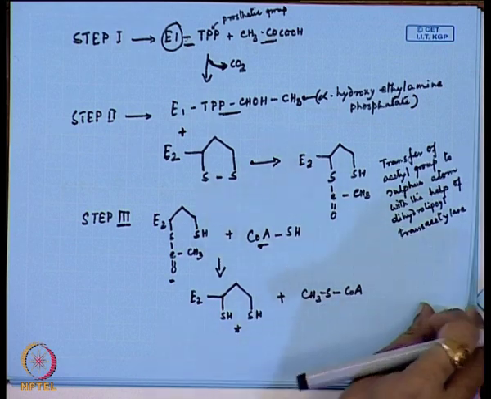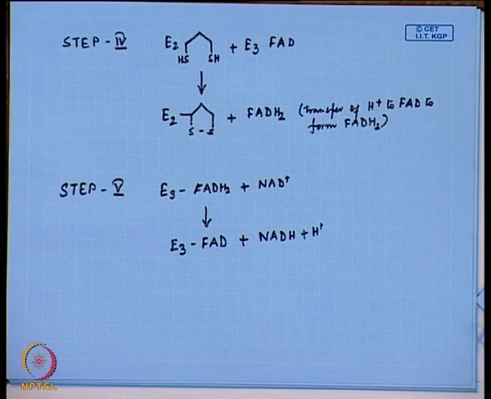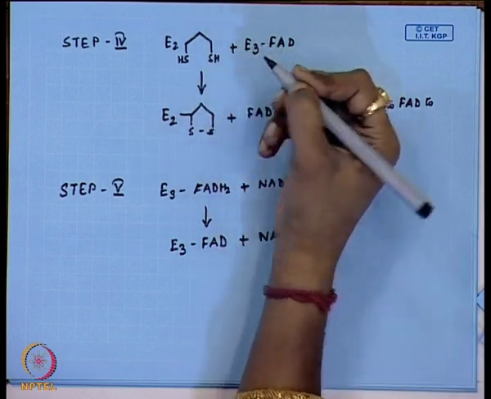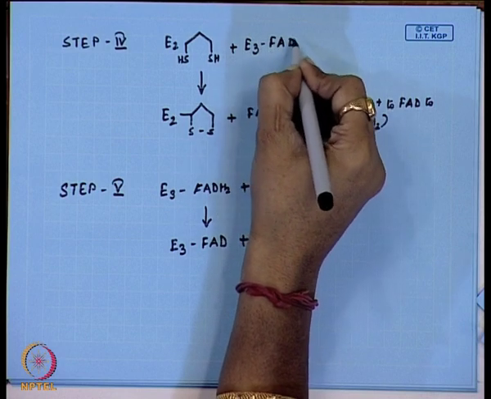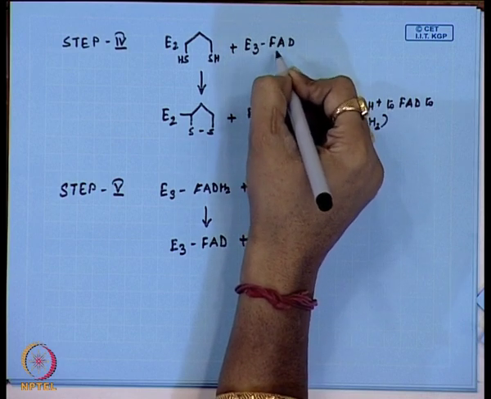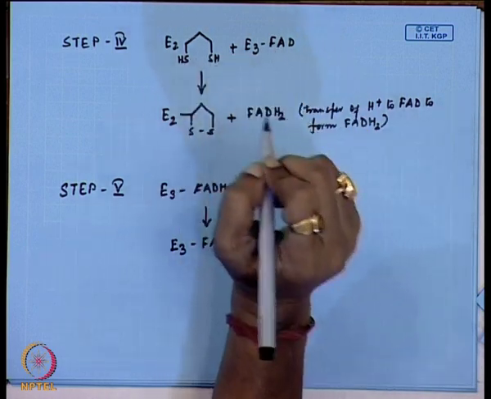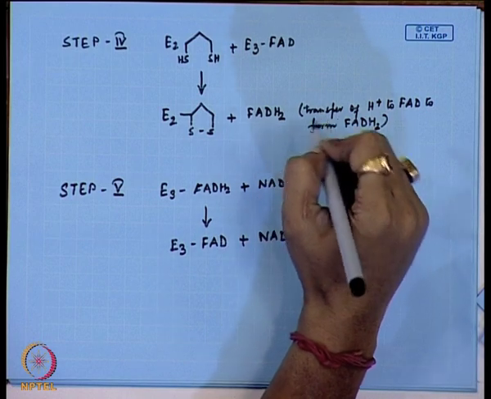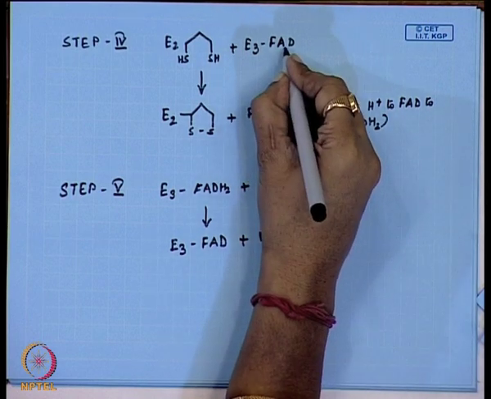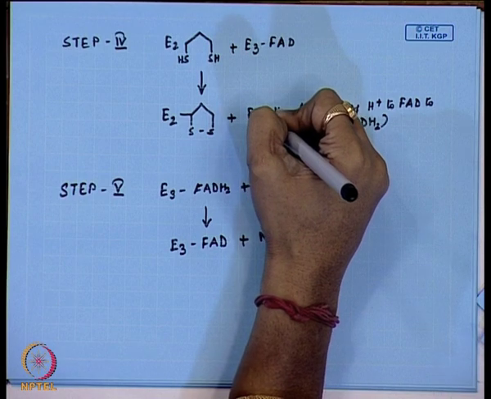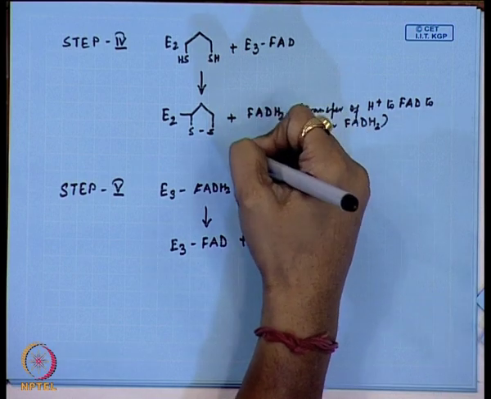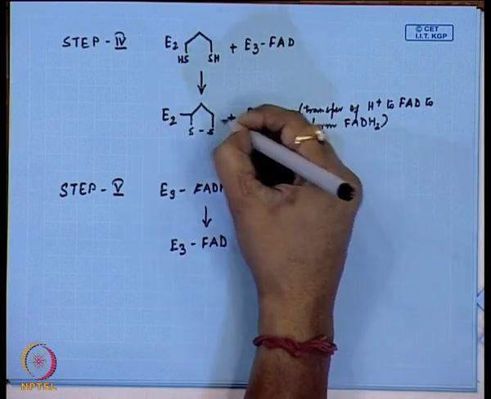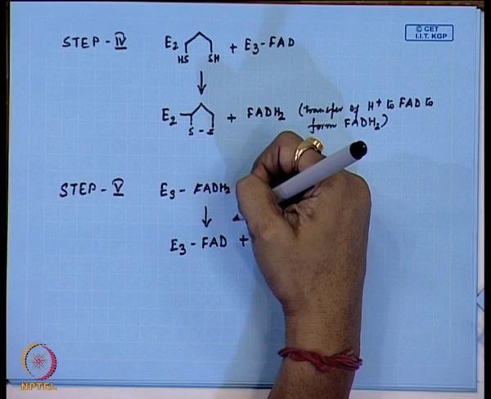When this product is formed, then the E3 enzyme, which has one FAD as a cofactor, comes and plays a significant role, where transfer of hydrogen from FAD to FADH2 takes place, and it forms this particular E3 FAD complex.